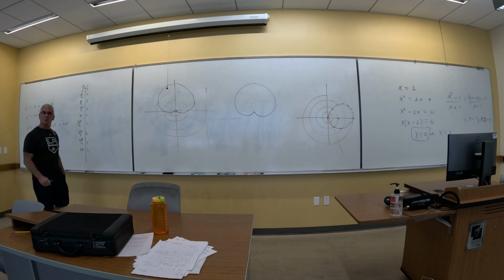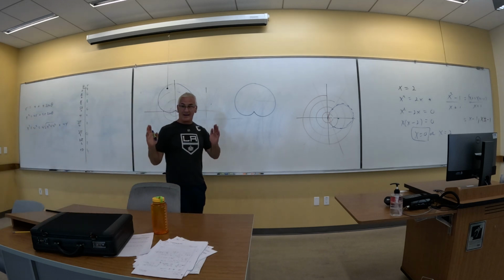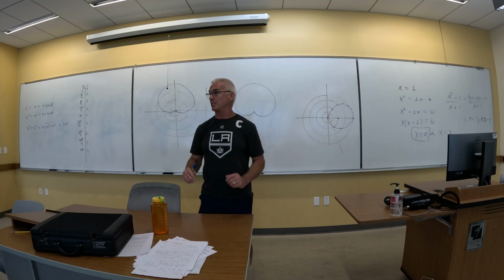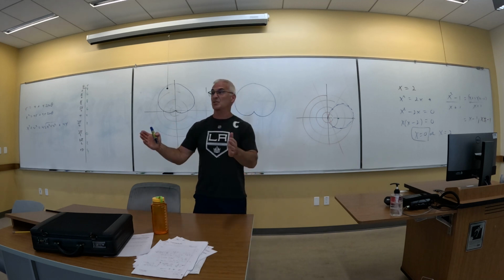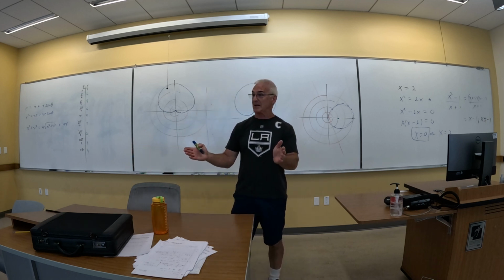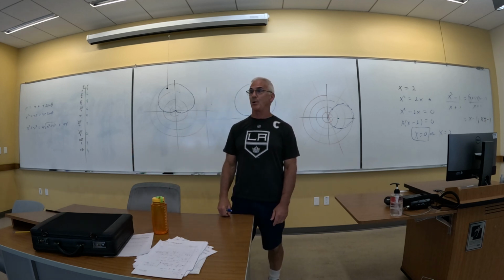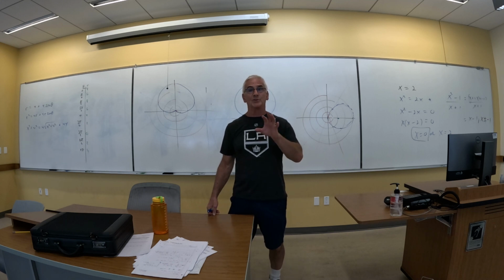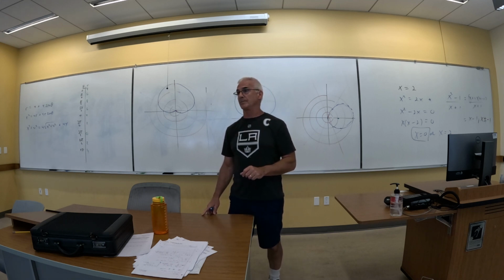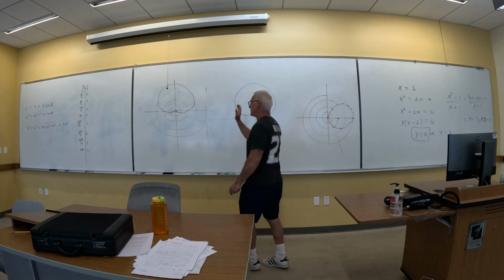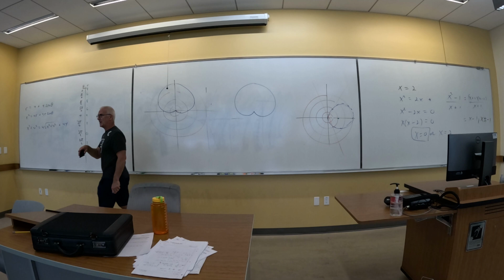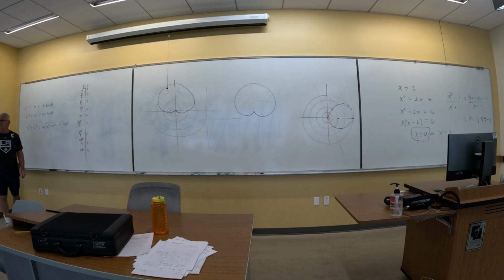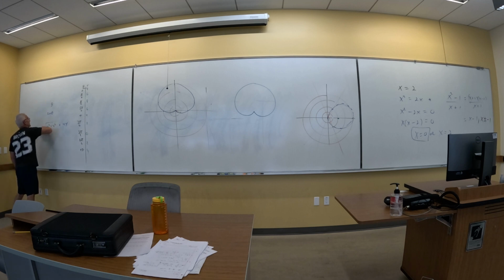If I was given something in rectangular and I saw x squared plus y squared as part of the problem, maybe to a power, maybe the square root of it, maybe cubing it, I would probably change that to polar, and now I just have r to a power, which would be so much easier to work with. Okay? So the back and forth is really important right now, just for identification, nothing else. Questions so far? Everybody cool? All right. Let's keep going.